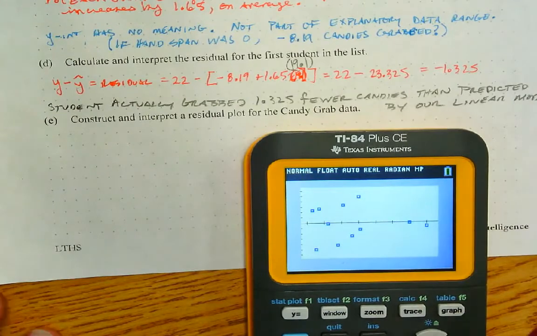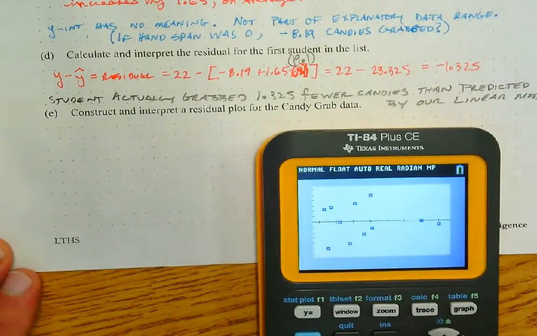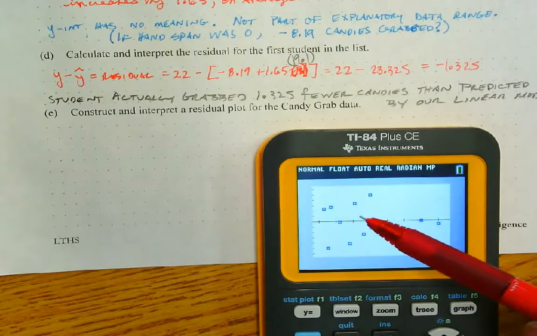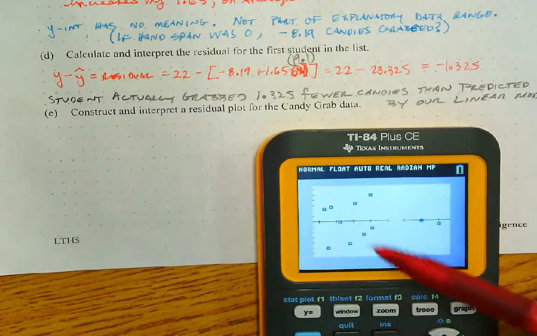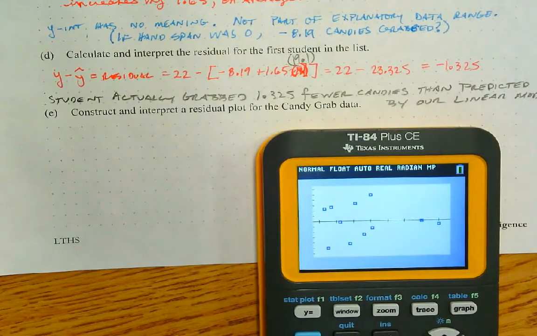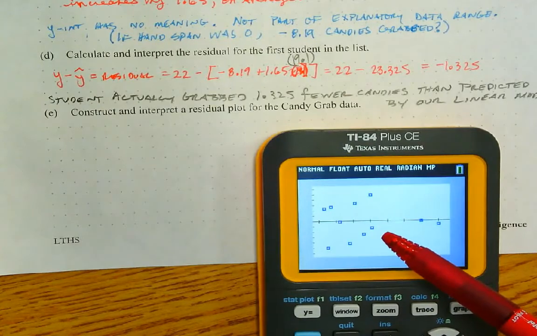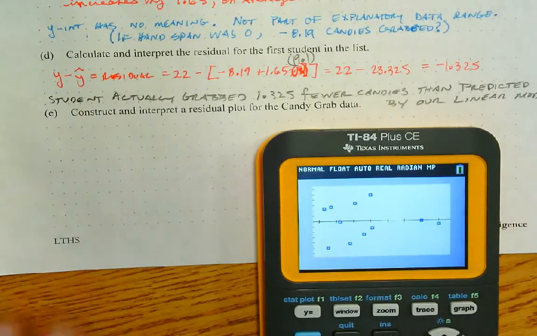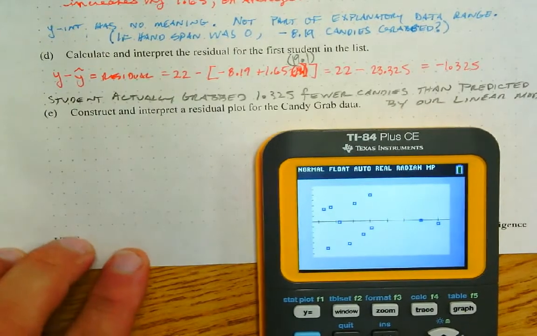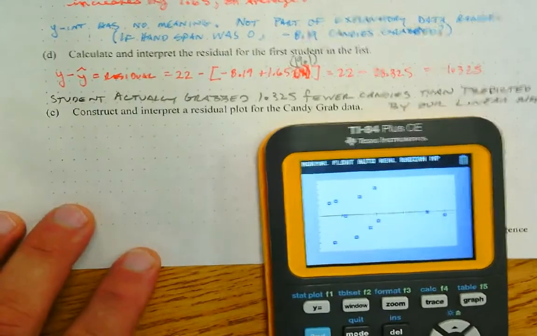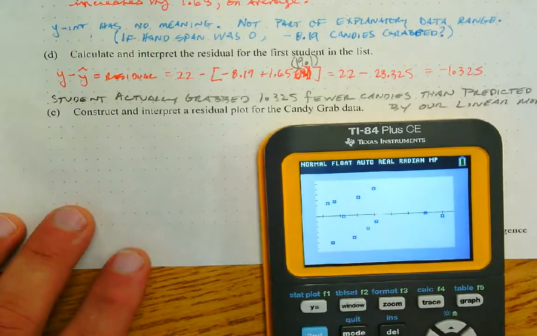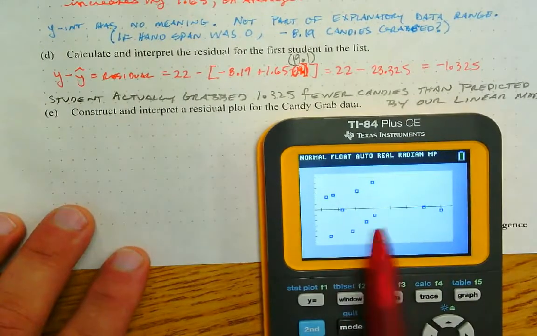So that would be our construction of the residual plot, and our interpretation would be that we have randomness in our residual plot, and therefore a linear regression is appropriate for this data. The linear regression is appropriate for this data based on our residual plot.